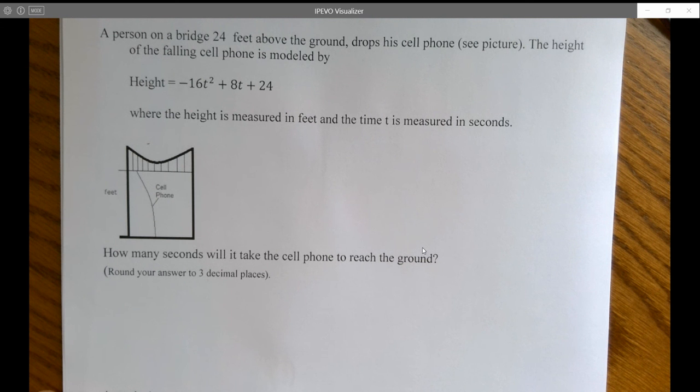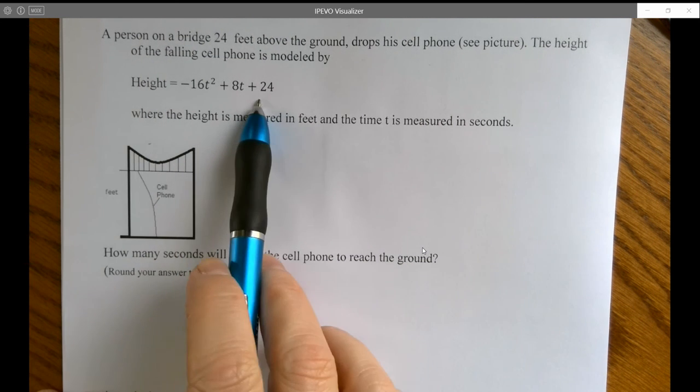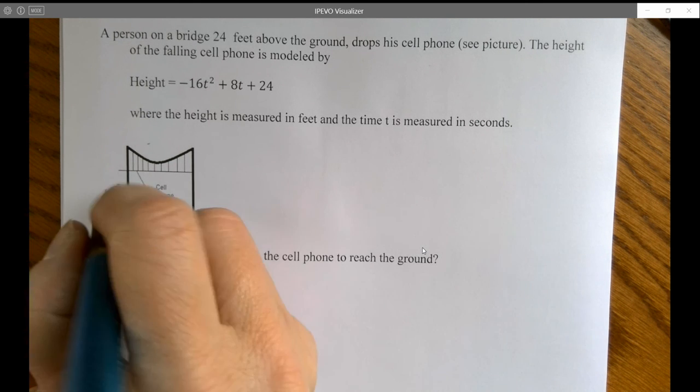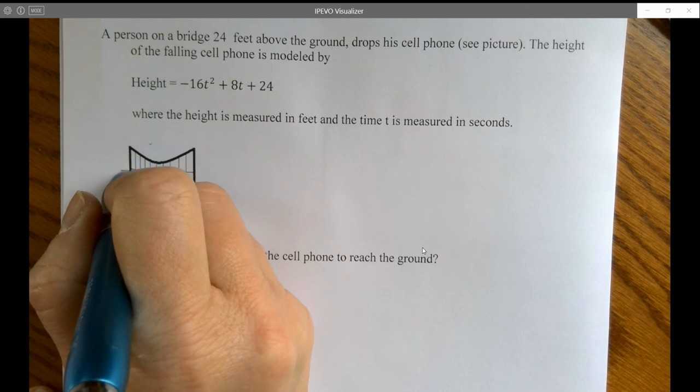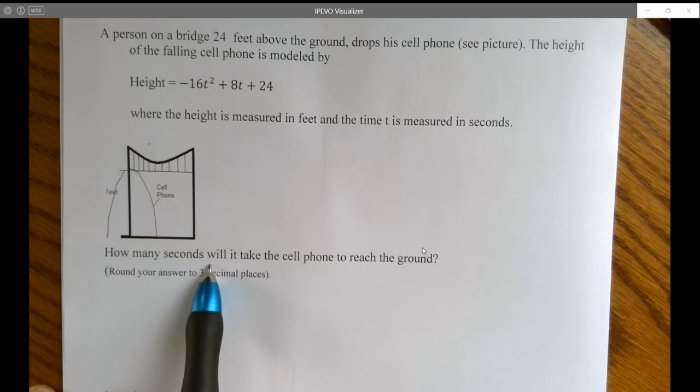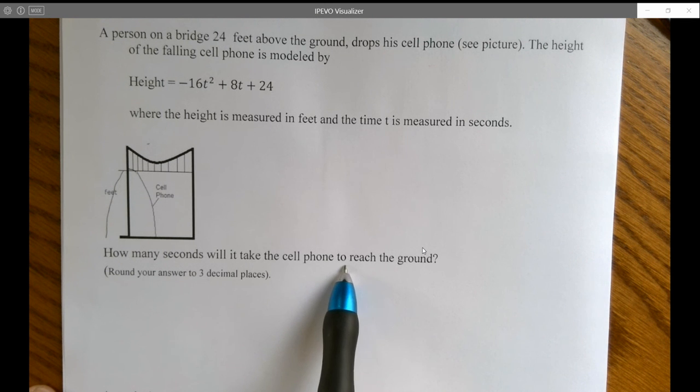The height of the fallen cell phone is modeled by the equation. Now, you can kind of see that you may finish the graph and it will look like a parabola. How many seconds will it take the cell phone to reach the ground?